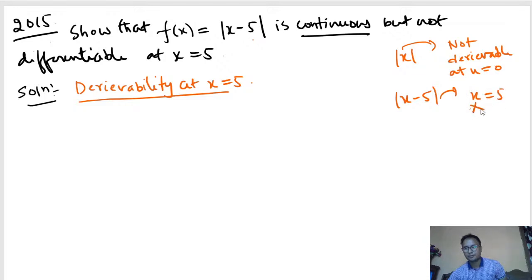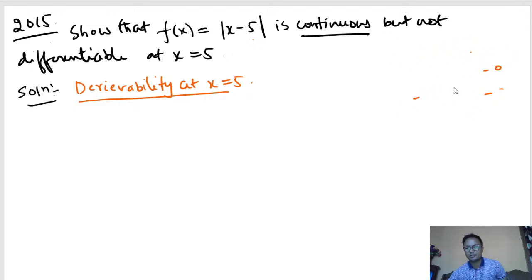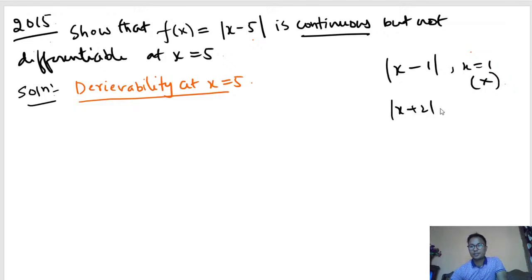If you want to give the engineering exam and all that, suppose modulus of x minus 1, it is not derivable at x equal to 1; modulus of x plus 2 is not derivable at x equal to minus 2. You should know this, right? Okay.